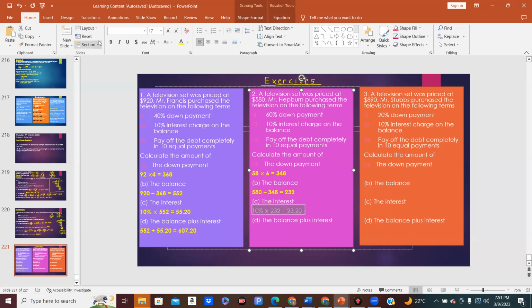Now we want the interest plus the balance. 232 plus 23.20 is going to be 255.20. Excellent.